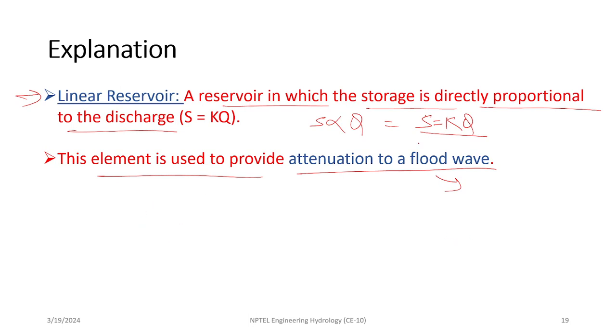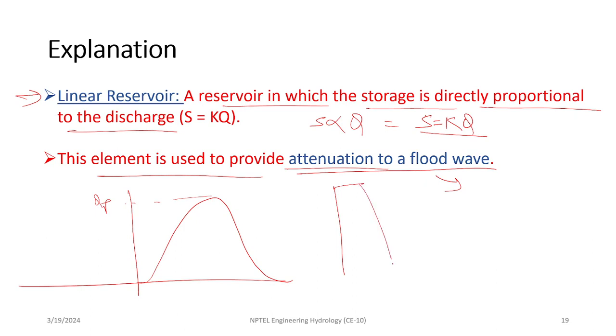Basically, why is the word attenuation mentioned here? Because while we are plotting a flood hydrograph, if I'm getting a Q peak before the dam or reservoir, and now the reservoir has been constructed and flow has been controlled, because there will be some storage happening here.